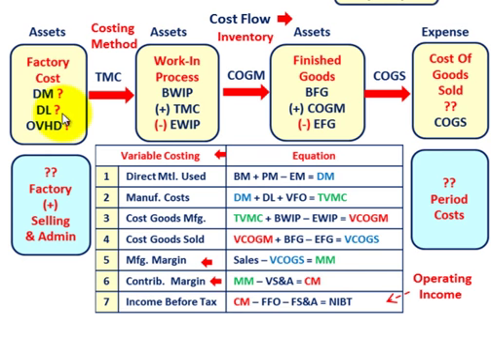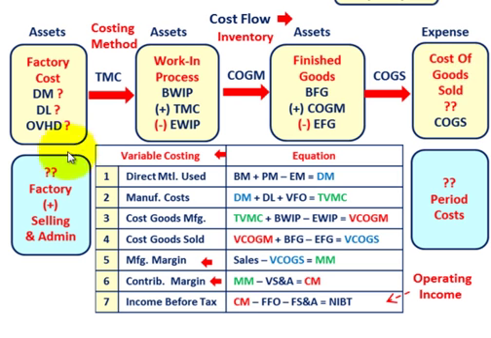You're going to have to determine what those are, and those are going to flow into some inventory account as work in process, and then they are taken out of work in process, go to finished goods, and then go into the cost of goods sold and be expensed against the sales for the period. But nonetheless, using these different costing methods, you have to track those costs. They're all asset accounts. Those costs are going into your different inventories as work in process, finished goods, and then they're going to be expensed out in cost of goods sold.